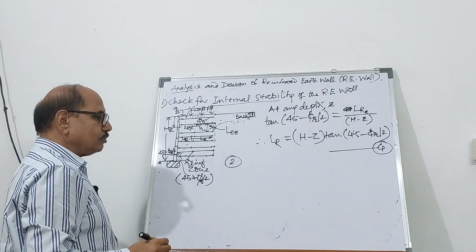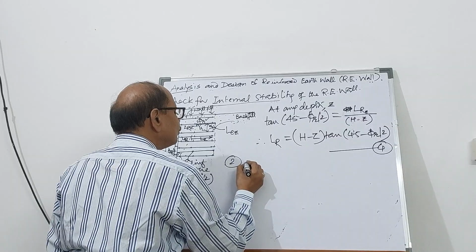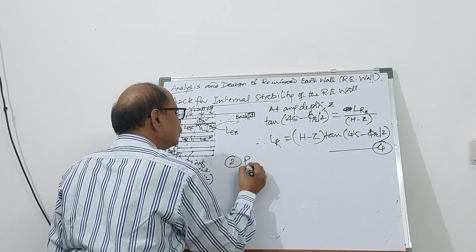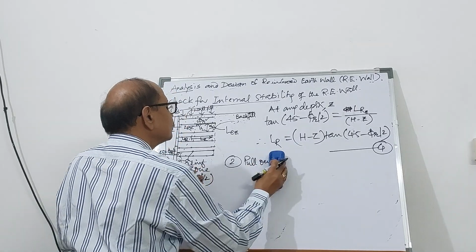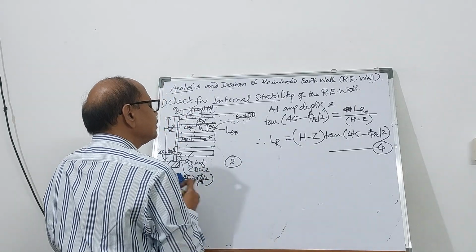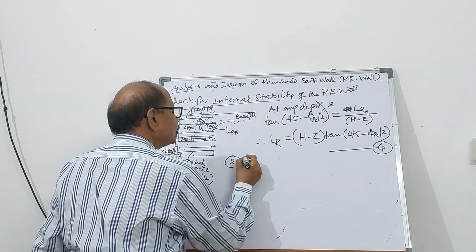How will you find it out? You will have to find it out by calculating the frictional resistance, or pull-out resistance against pull-out.